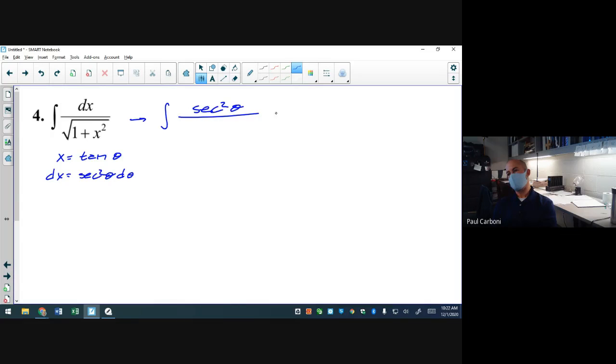I like to put my d theta over here. You can stick it in the numerator if you want, over the square root of 1 plus tangent squared. And this one cleans up to something very nice and clean. The square root of 1 plus tangent squared is secant. And that will cancel one of the secants in the numerator, leaving you with just the antiderivative of secant theta.